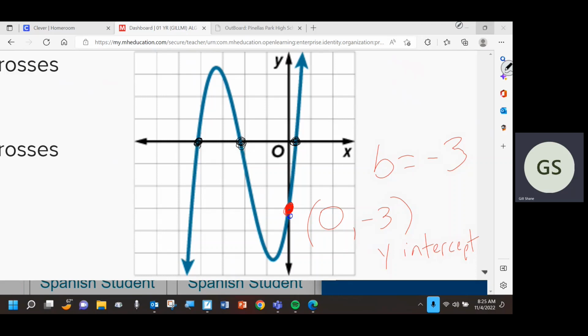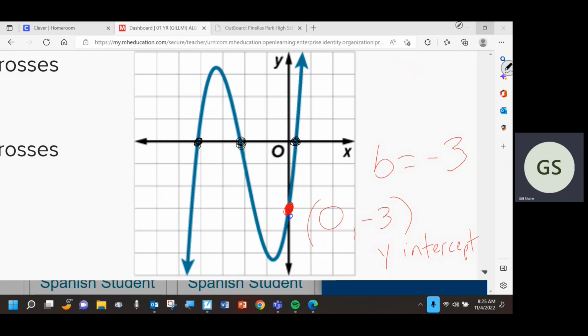We'll go with Katana. What is the X and Y value of this farthest left X-intercept? Farthest left. So we go left or right first. Where do we go? And we always start at 0, 0. So what's the first number then?